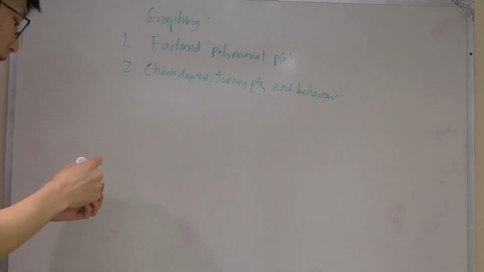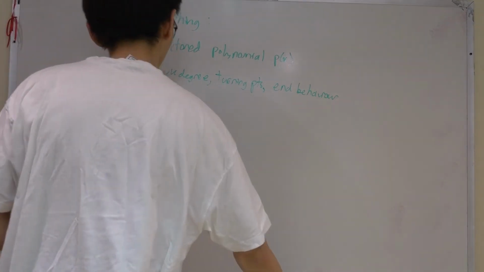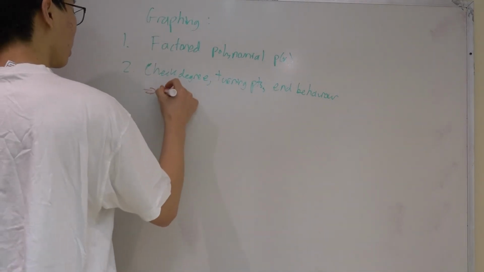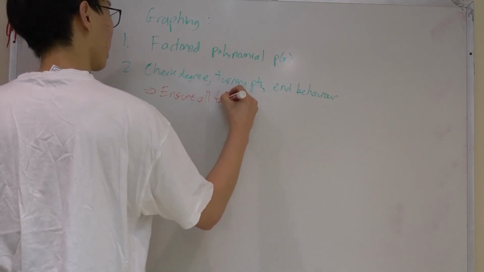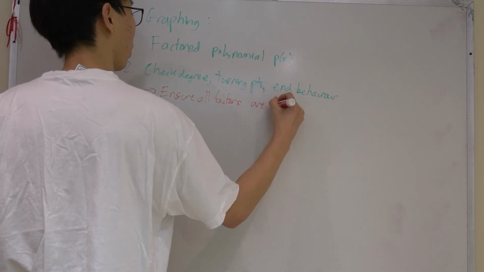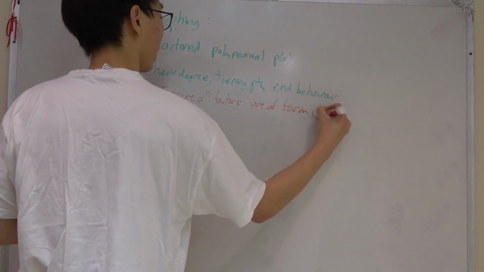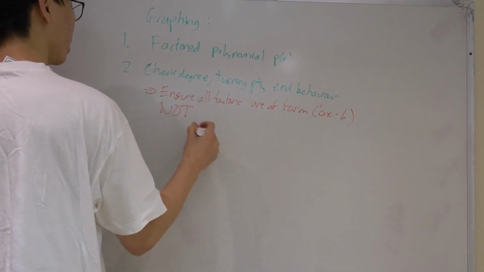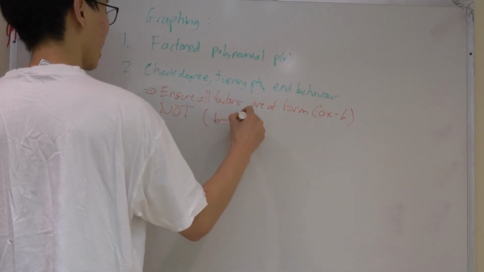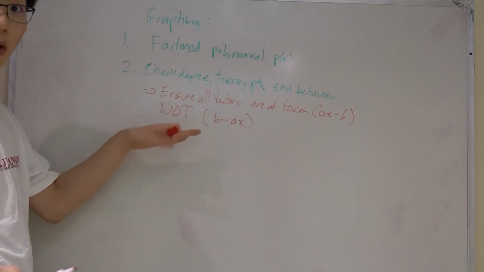Now, a sub-step of this is to ensure all factors are of the form ax minus b, and not b minus ax. This is what we don't want.